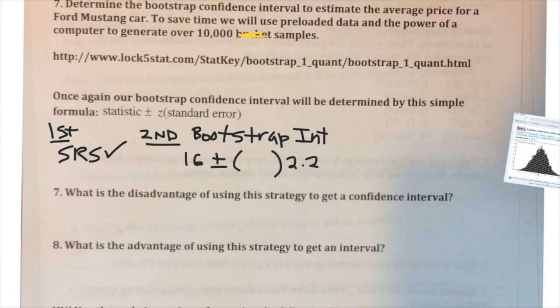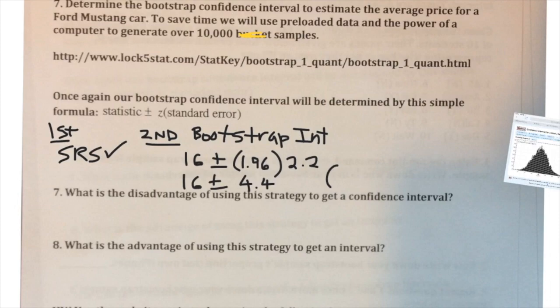And the z-score here doesn't say what level to use, so let's choose a confidence level like 95. Looking up 95 on the table, or maybe you memorized it as being basically 2. And then all we have to do is calculate that. So 16 plus or minus basically 2 times 2.2, which is 4.4.